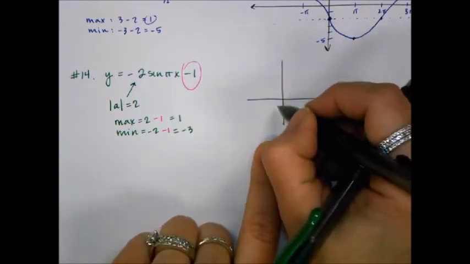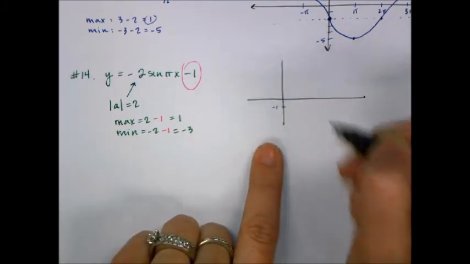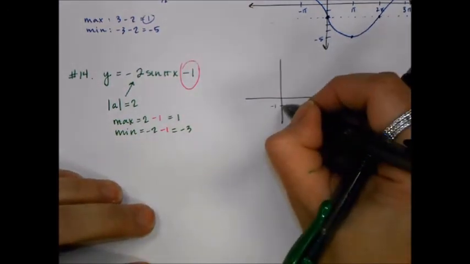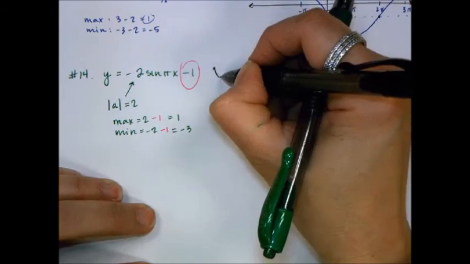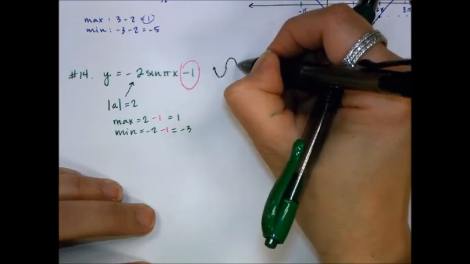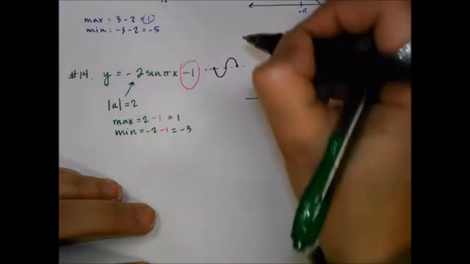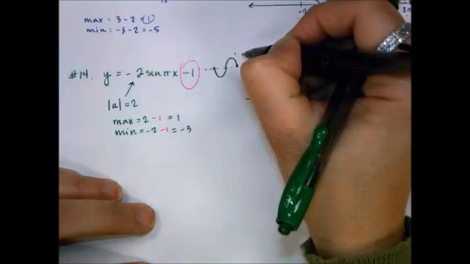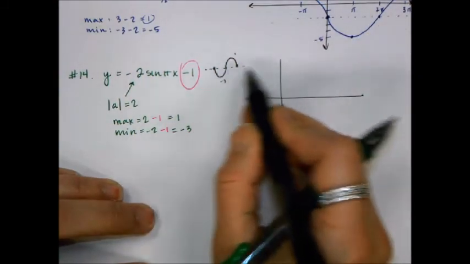Remember, for sine, we have the first, middle, and end are the equilibrium points. So we have our max, 1. We have our minimum, -3. This right now is the equilibrium that we're on, -1. So we have our first point.